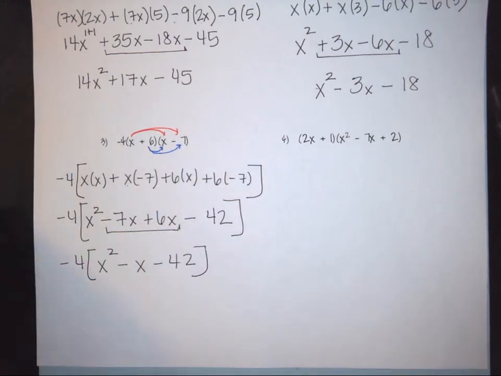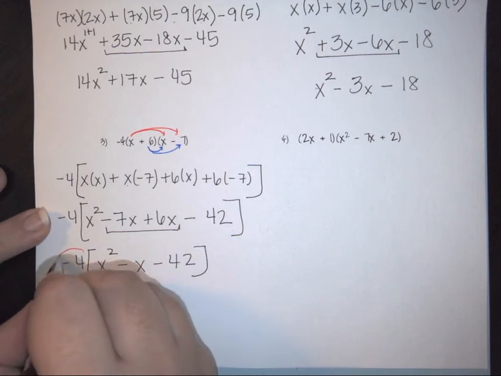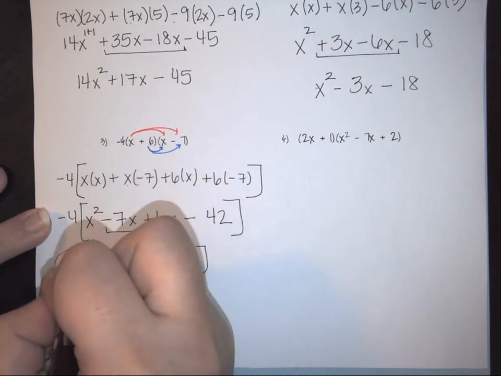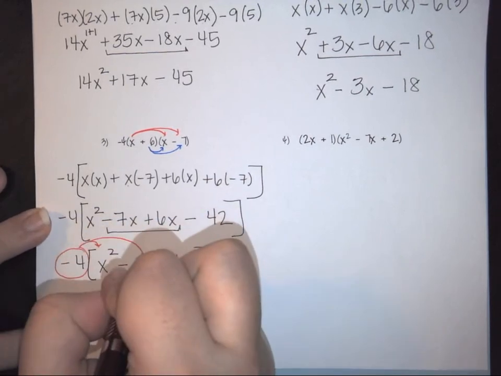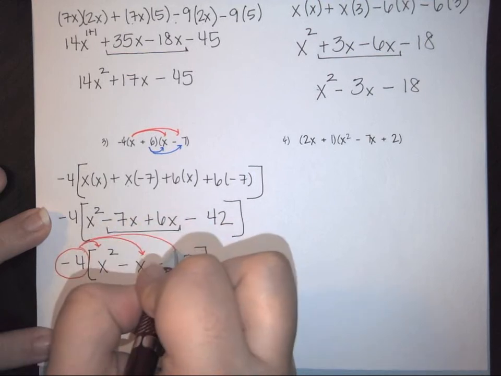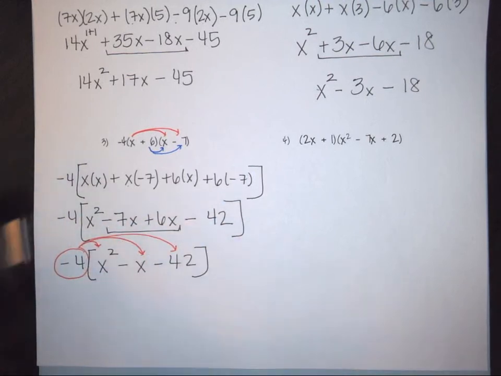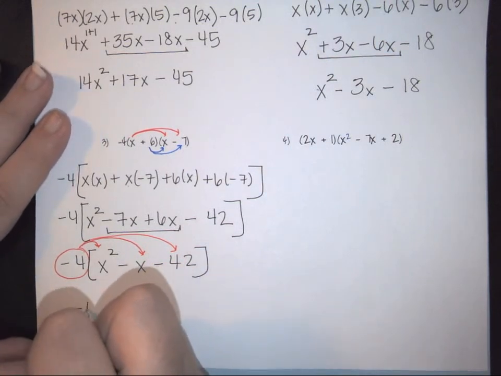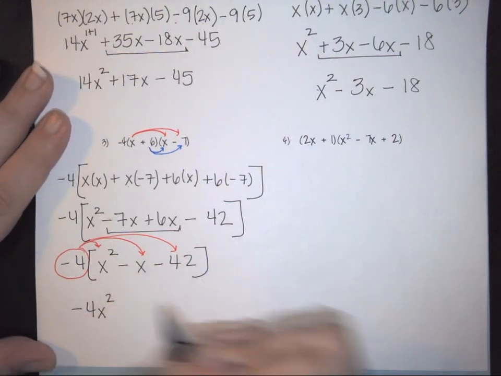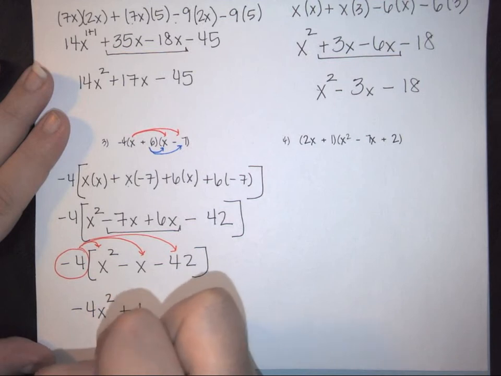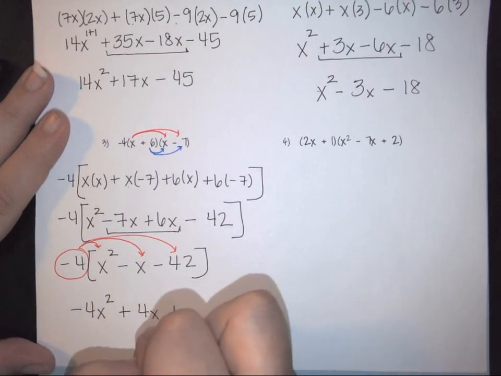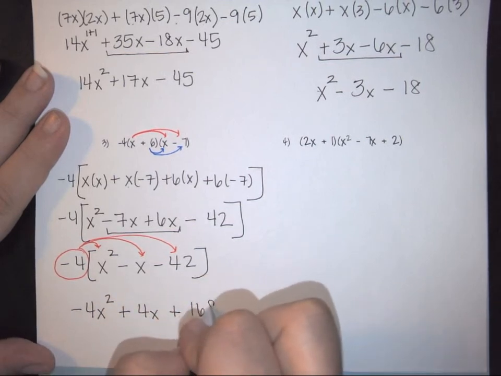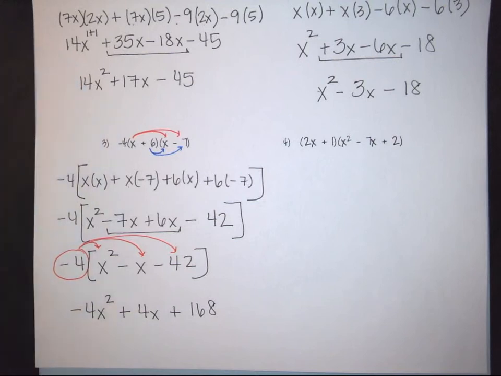Now I can go ahead and take this negative 4 and I can distribute it through my parentheses to get my final result. So here we're going to end up with a negative 4x squared plus a 4x plus 168.